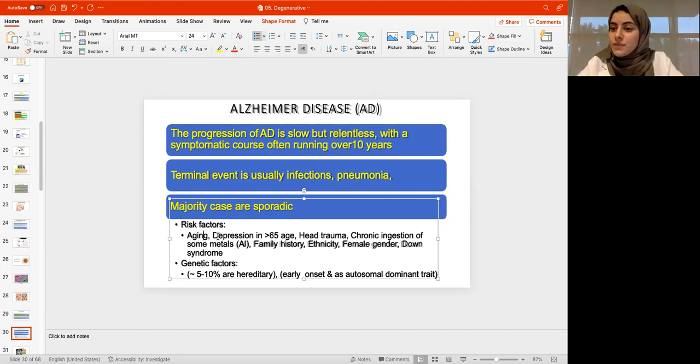Having depression, head trauma, chronic ingestion of metals like aluminum. Family history is a very important risk factor, they're more likely to get it. Some people say ethnicity, female gender as well, and as I mentioned, Down syndrome. But the ones that are due to Down syndrome would present earlier. And the genetic factors are the ones due to presenilin 1 and 2, okay?